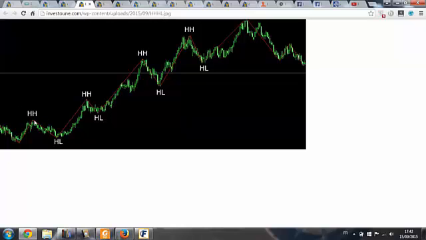So we define the first higher high and higher low, and this higher high is going to be validated if the price goes for an impulsive move like there, an impulsive move that surpasses this higher high. So this is the correction between the higher high and the higher low, the correction in the opposite direction of the trend.